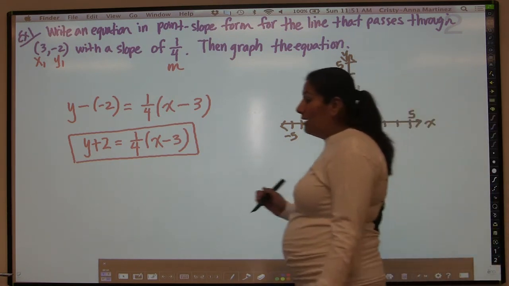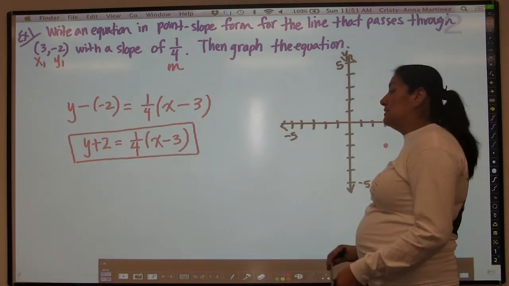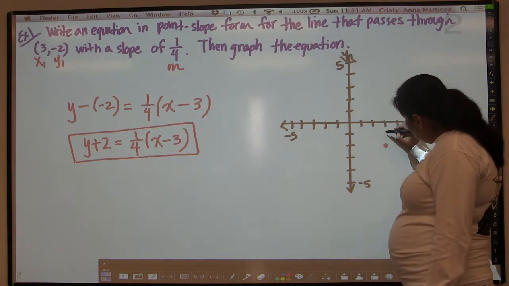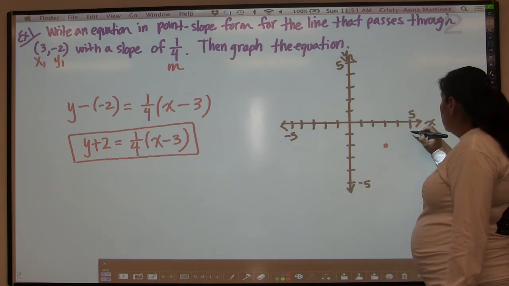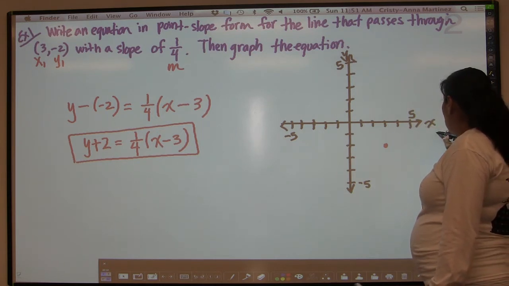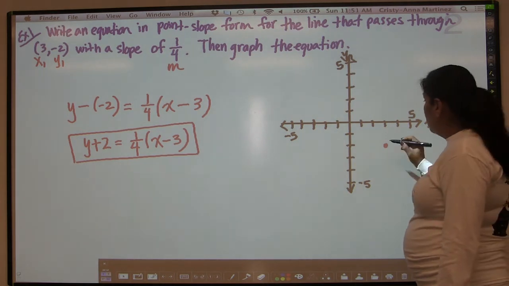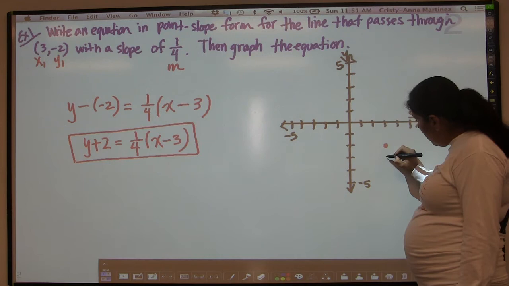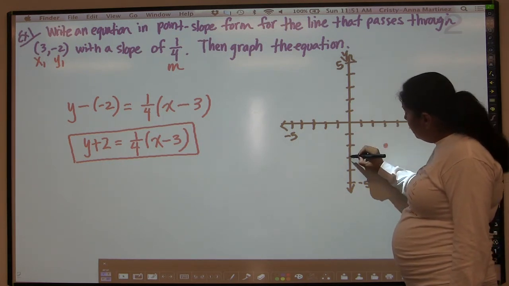But aside from that, we're going to apply the slope in the same way we did in the previous lesson. And since my slope is 1/4, that means I'm going to go up 1 unit, and I'm going to go to the right 4 units. 1, 2, 3, 4. And if I wanted to, I could even go backwards. Instead of going up and to the right, I could go down 1 unit and then to the left 4. 1, 2, 3, 4.